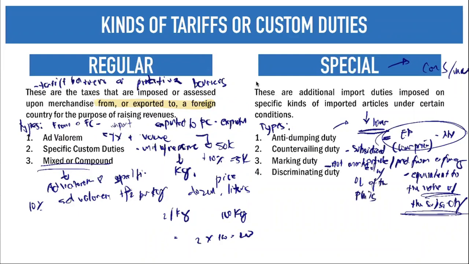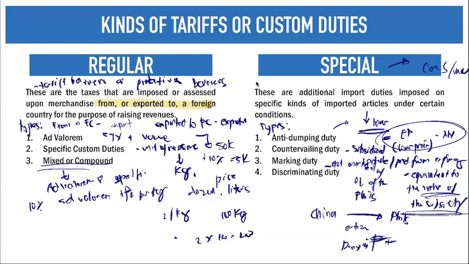So, for example, you imported from China, of course, it will enter the Philippines. However, the article is written in Pinyin. So, let's say, for example, like that. Now, if it is written in Pinyin characters, what happens is that it is not in the official language of the Philippines.